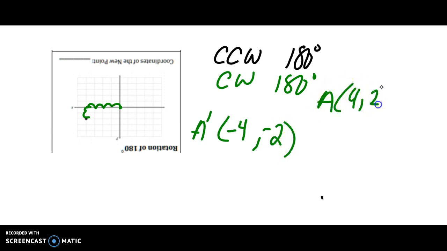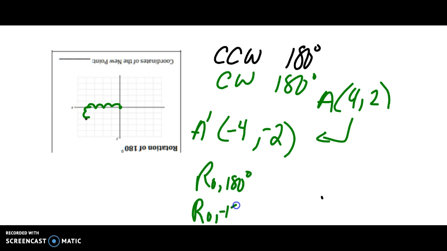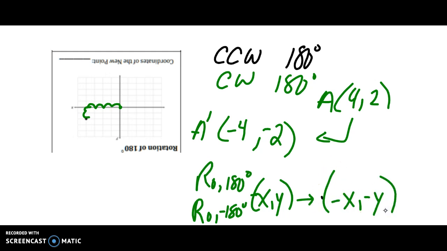A was 4, 2. Our new point after rotation of 180 degrees, it doesn't matter which way you turn it, is now -4, -2. So if I have a rotation about the origin of 180 or -180 degrees on a point x, y, well, what did that do? It just negated them. That's going to be -x, -y. So again, I can develop the rule by just turning my paper and recounting using that new position as my axes.